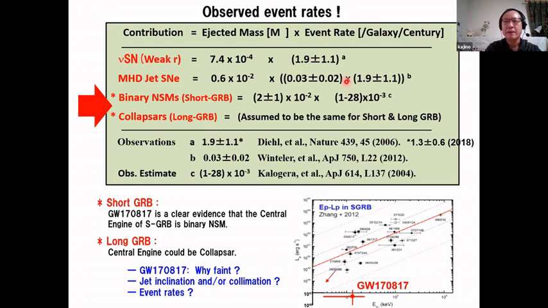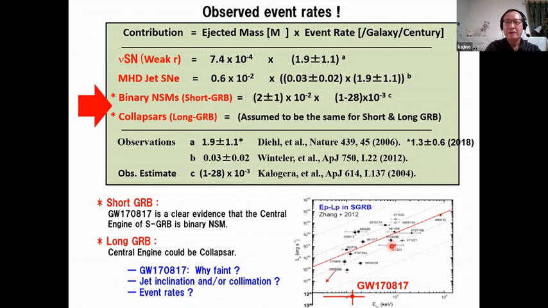And the binary neutron star mergers and the collapsars are probably associated with gamma ray bursts. So we can use the event rate of short duration gamma ray bursts for the binary neutron star merger event rate. But for the long duration gamma ray bursts, nobody knows the correct event rate, even from observations, because even in GW170817 there are many unsolved questions.